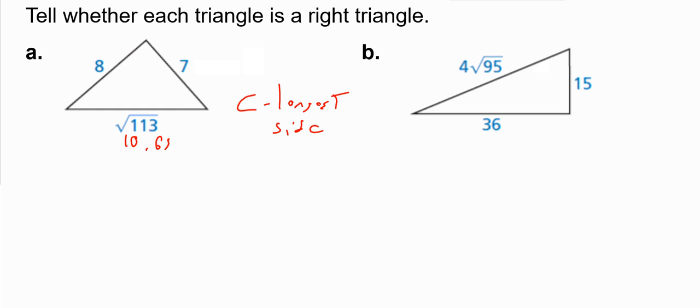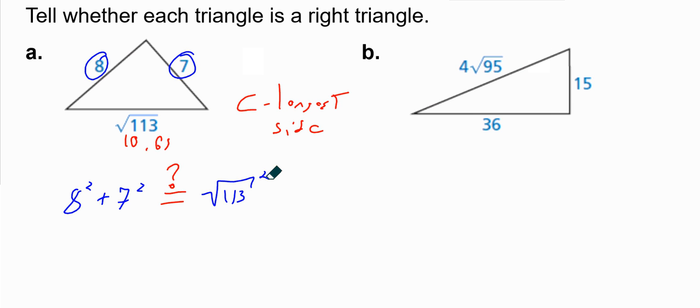So then I'm going to take my two legs and square them. So 8 squared plus 7 squared. If this equals, I'm going to put a question mark here, if this equals the square root of 113 squared, then we know it's a right triangle.